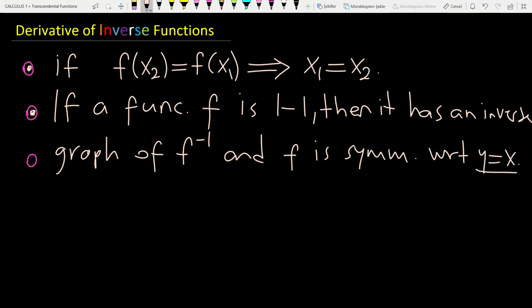So I think now we are ready to give the main theorem, a useful calculus test for finding intervals on which a function is invertible.